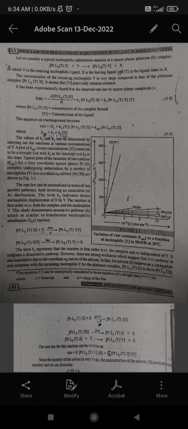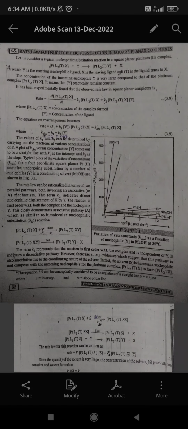Typical plots of the variation of the rate constant k observed for a four-coordinate square planar platinum(II) complex undergoing substitution by a number of nucleophiles Y in a coordinating solvent, that is methyl hydroxide, are shown in the figure.